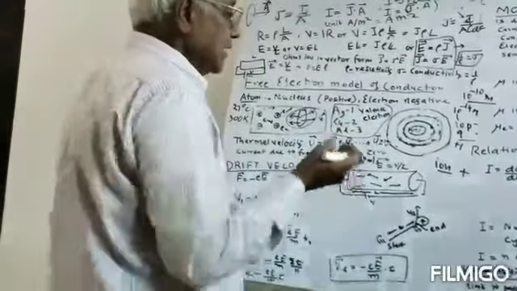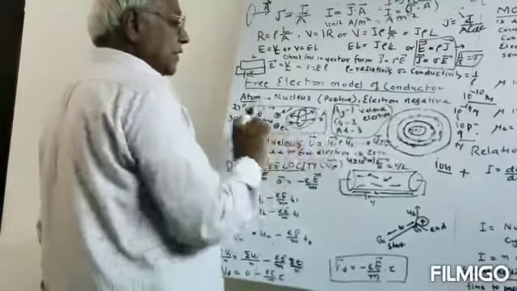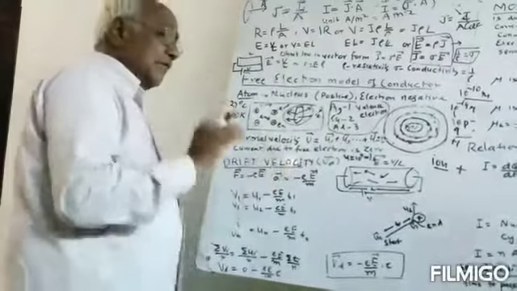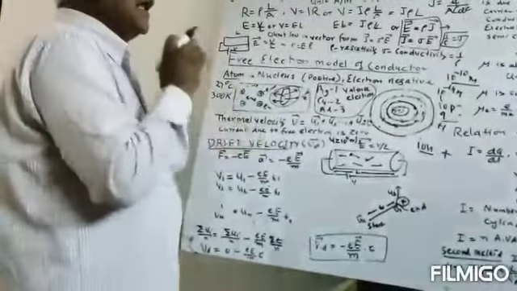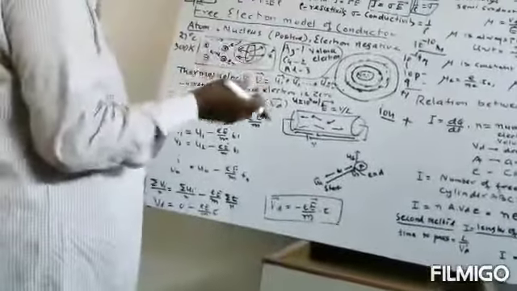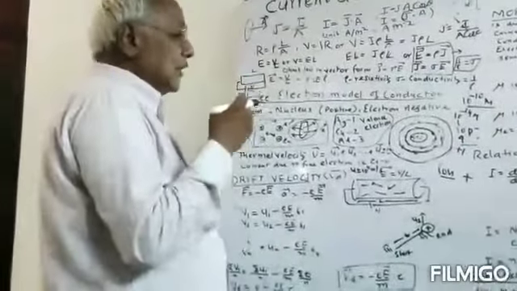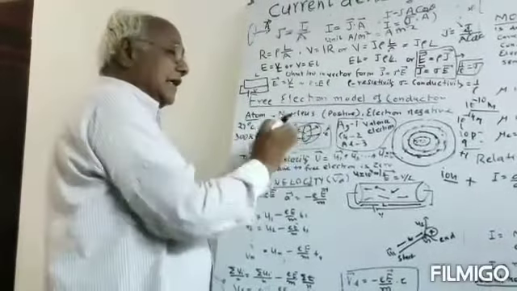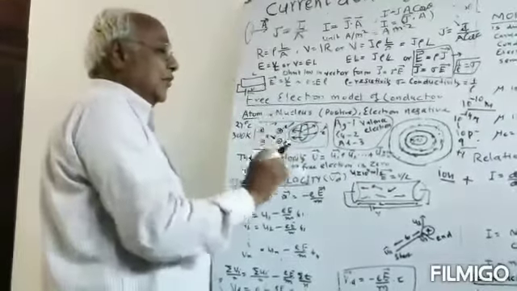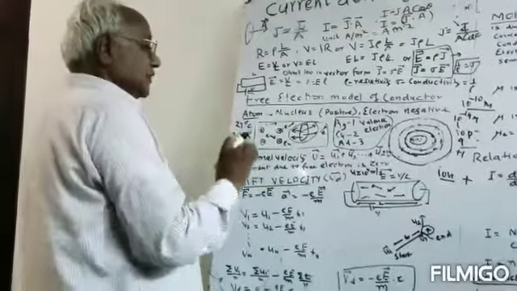So there will be no current due to the motion of free electrons in the conductor, because the number of electrons coming inside will be equal to the number going outside. So there will be no current in the conductor due to thermal agitation or thermal motion of the free electrons.